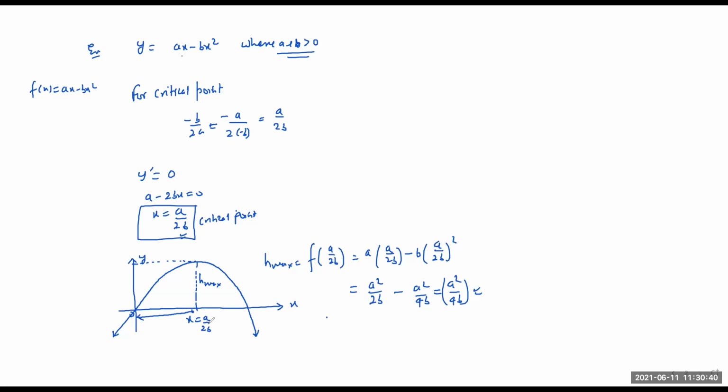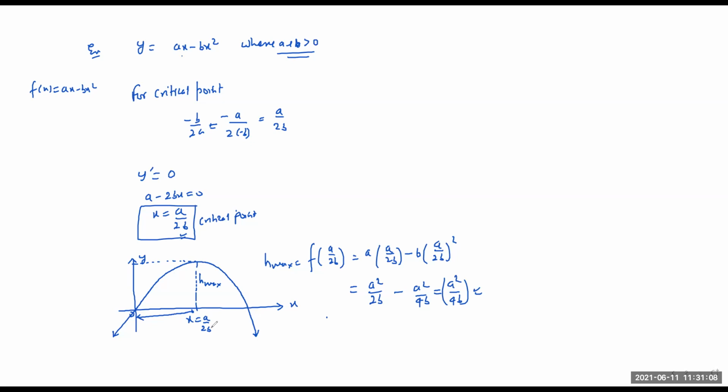Yes sir, I understood till x is equal to a by 2b, the critical point. Then after that, what did you do to get the graph? Okay. The graph is a downward parabola, because the coefficient of x square is negative. So every quadratic equation will have the shape of a downward parabola or upward parabola depending on the sign of the coefficient of x square.